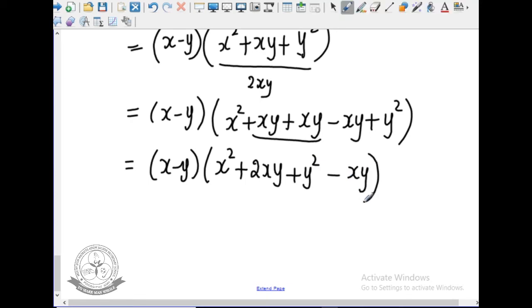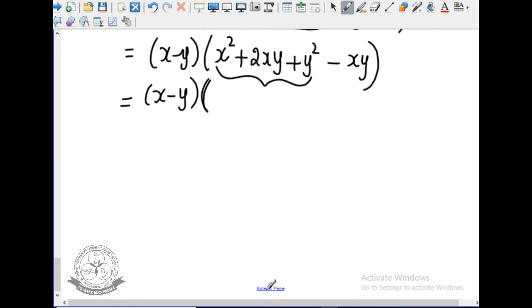Next step: x minus y. We know that a plus b whole square is a square plus b square plus 2ab. So this can be written as x plus y whole square minus xy.